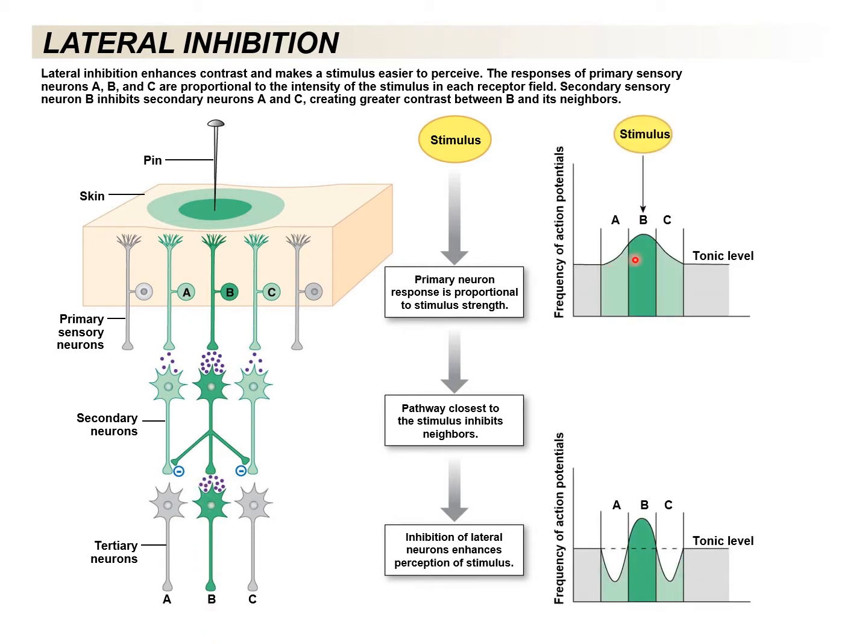And here's the graph. So maybe strong, yeah, maybe a little bit, in terms of the number of action potentials. After we have that secondary neuron filter, if you will, what we see is B is enhanced, but A and C are actually reduced. And that causes a greater localization of signal at B. And that's how lateral inhibition generally works.